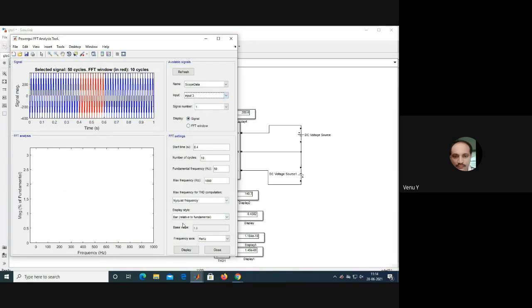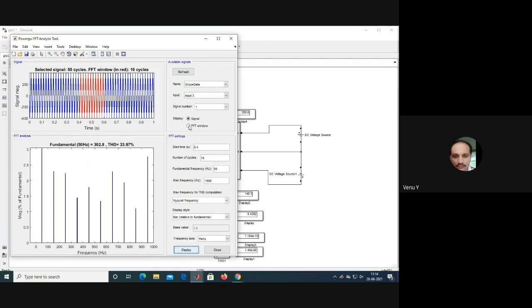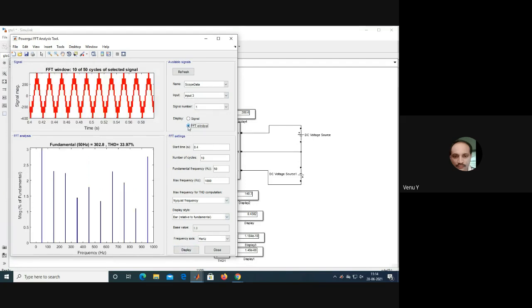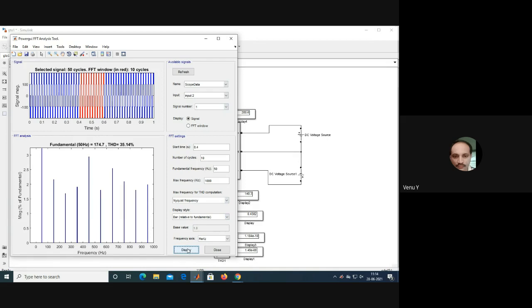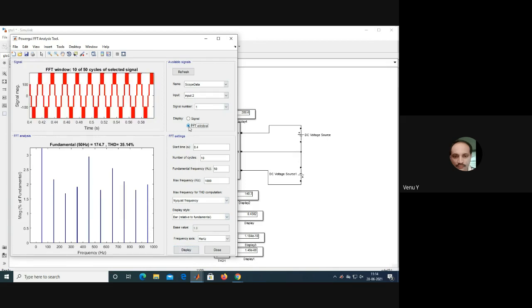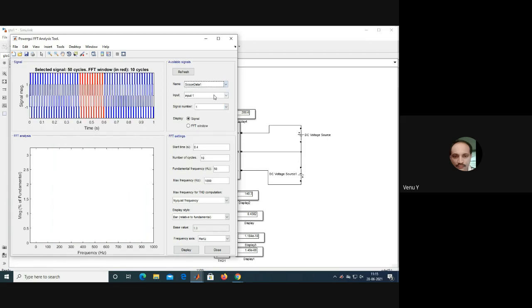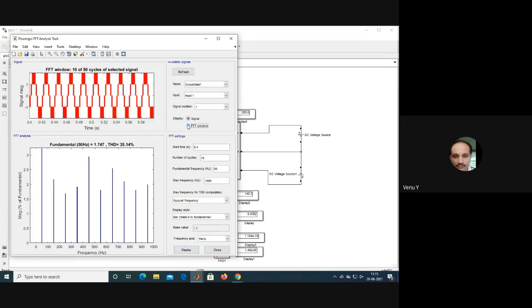Input 3. All are the same, 33.9 around the 35.14. A small difference is there in phase 3 and the remaining two phases. 35.14.